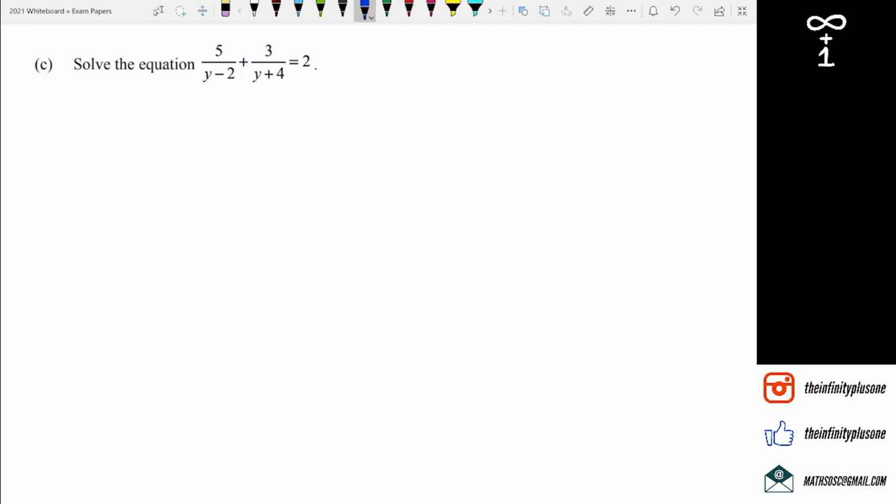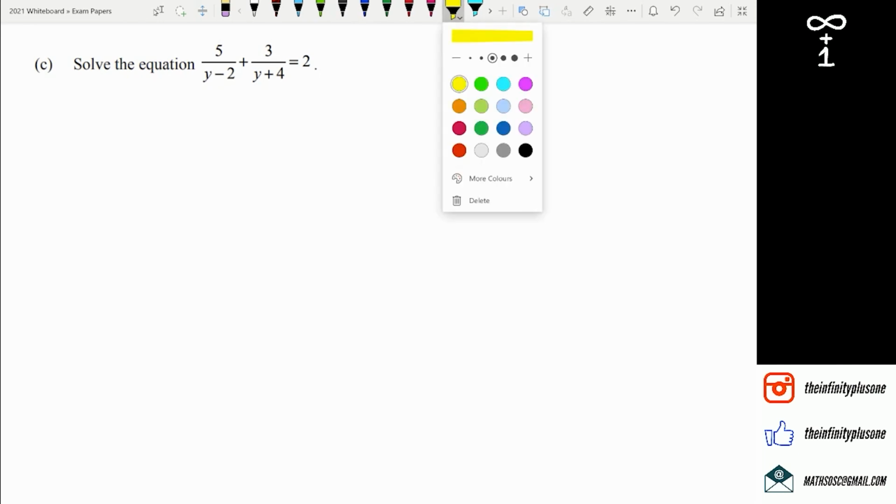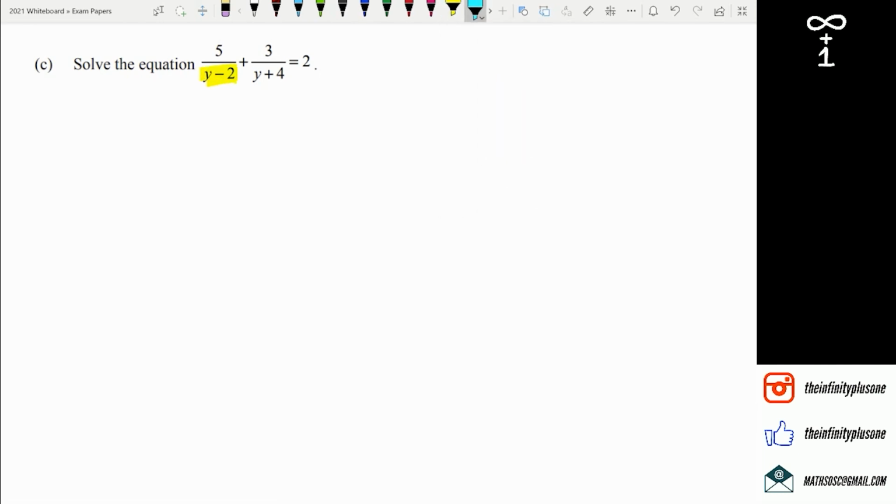So when we have y plus 2 as one of the denominators, and then we've got y plus 4 as another denominator, all I'm going to do is rewrite it like this. So I've got 5y minus 2 plus 3 times y plus 4, and all of that is equal to 2.